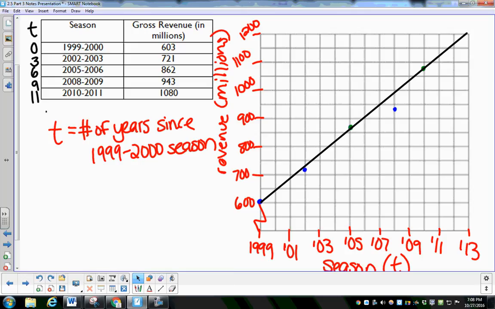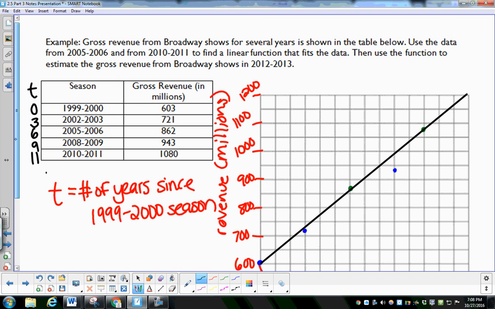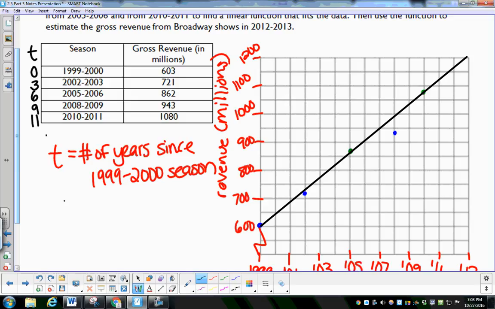Now, I know you're going to be mad at me because I'm not going to use the graph that much from now on, but I wanted to talk about a scatter plot and a line of best fit because we're going to use that a lot later. So now let's go ahead and try to find that equation. So we've got these 2 points that the problem told us to use. The 2005 data. So if we look at that, we're going to write this point as T, comma, and then let's say R. And R can represent our revenue in millions.